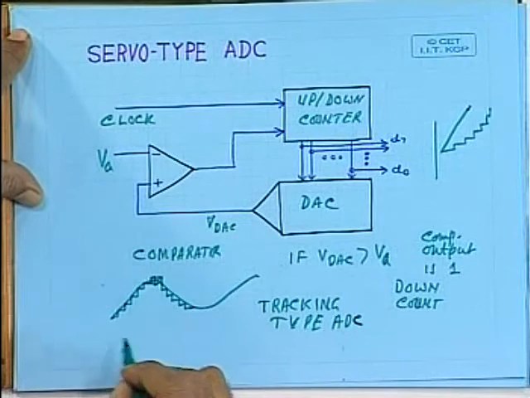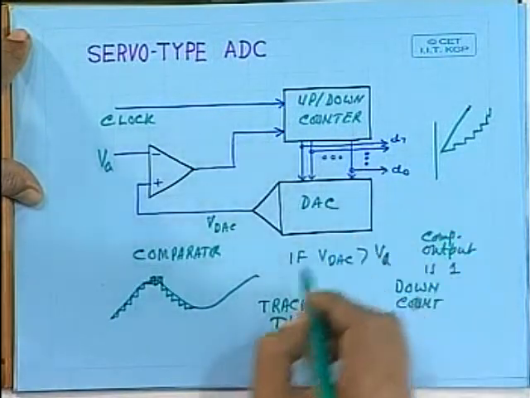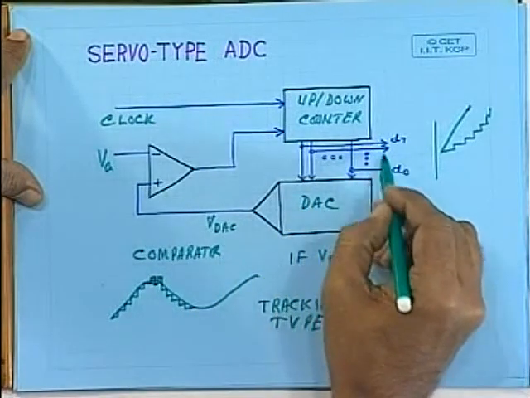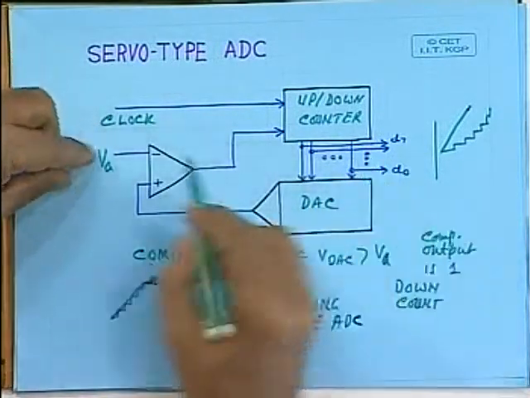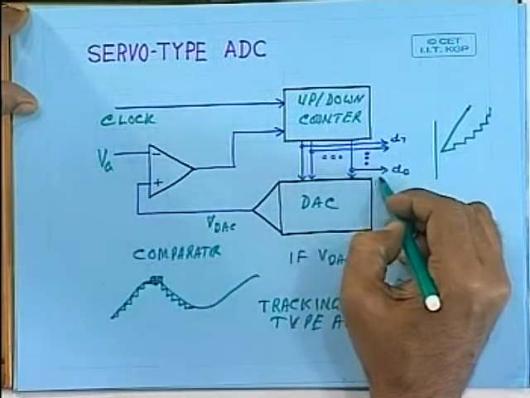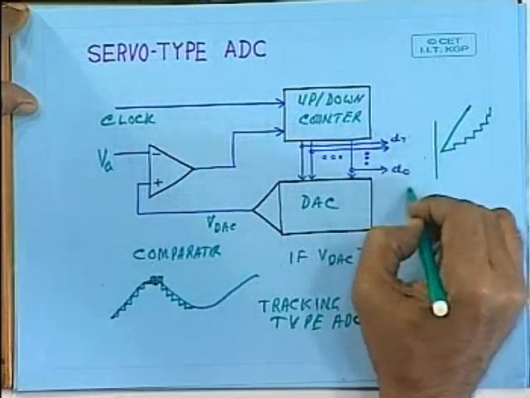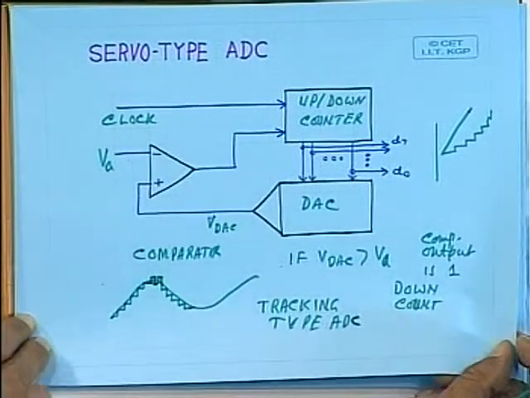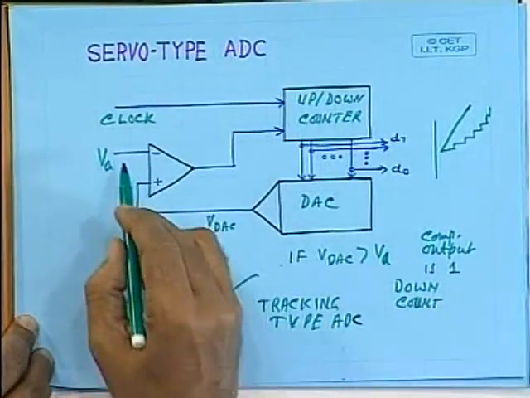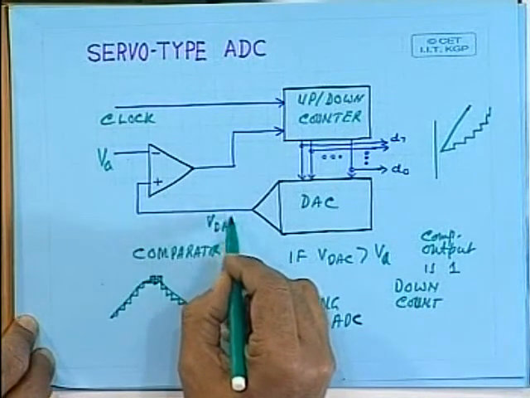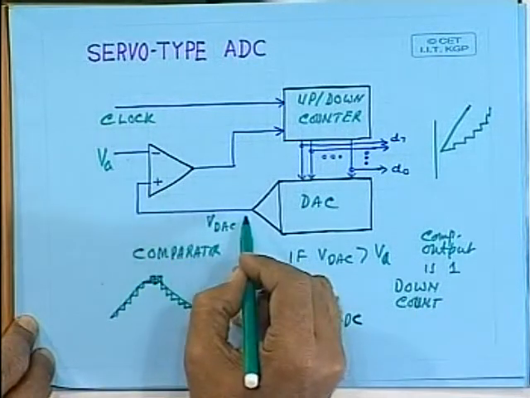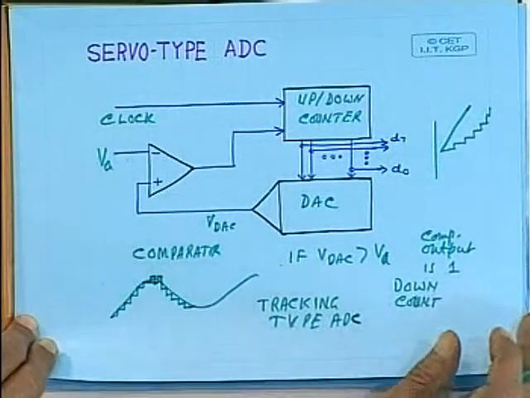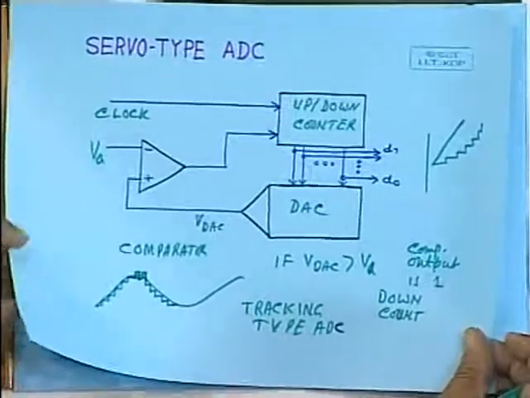And here, if the input is very close to the voltage, it does not require much conversion time. If you change the input slowly, this output will also change slowly and you can have some digital display here. So the conversion time is very small here if the input is close to the voltage produced by the DA converter. Otherwise it may take some time. So this is the servo type AD converter.